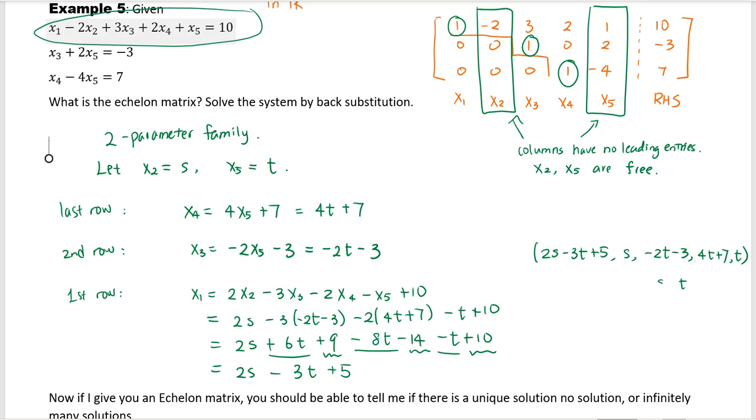And s and t are real numbers. So this is the answer. We have a 2 parameter family, so it means there are infinitely many solutions. This is the answer to example 5. Alright, let's continue.